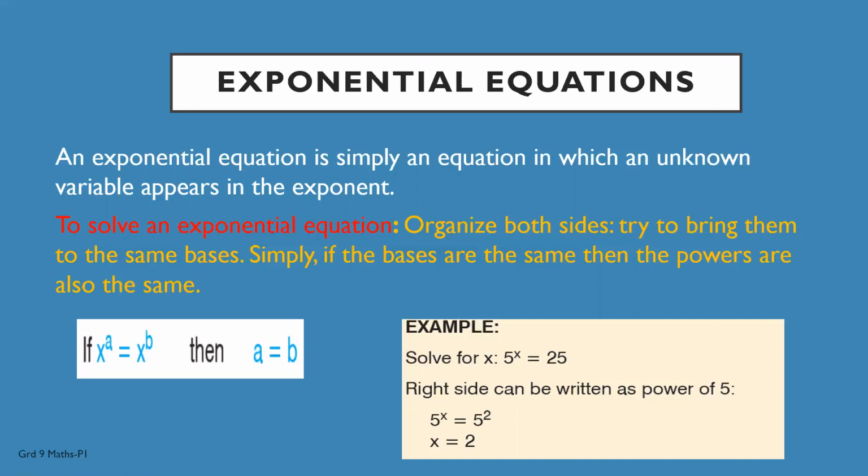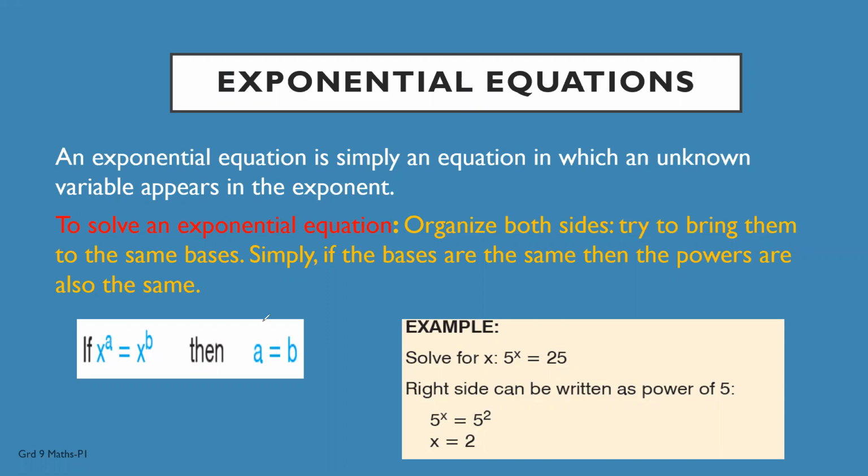So guys, as we understand from the name also, exponential equations means the equation is in the exponent part of the question. As we can see here at the bottom, it says if x to the power of a equals x to the power of b, then a equals b.